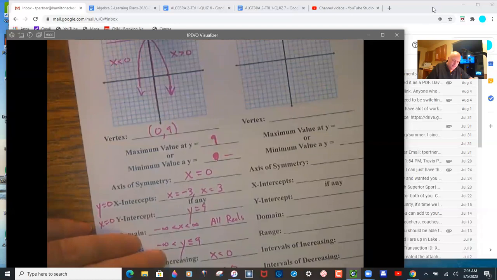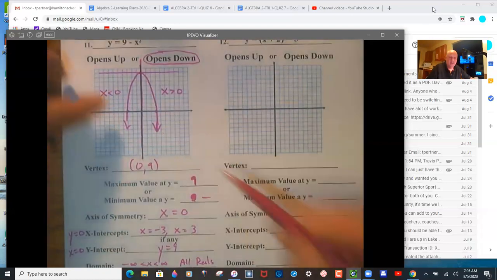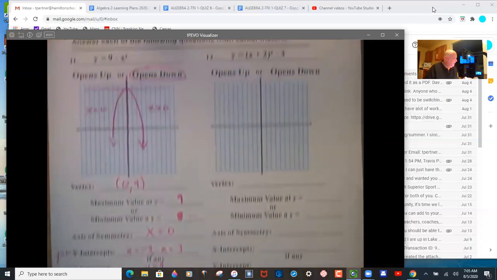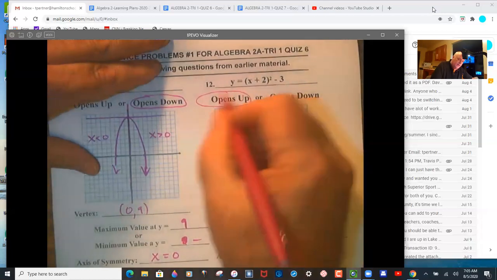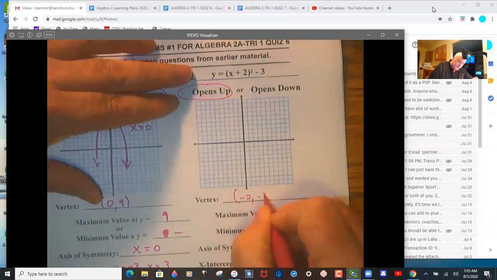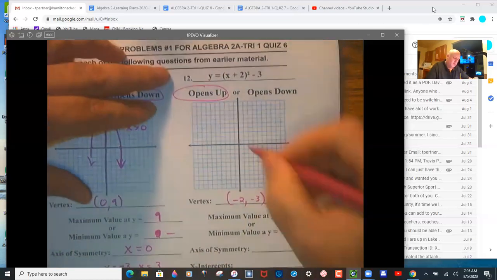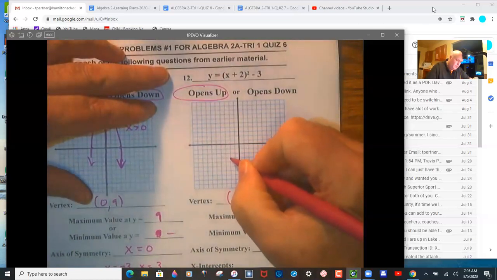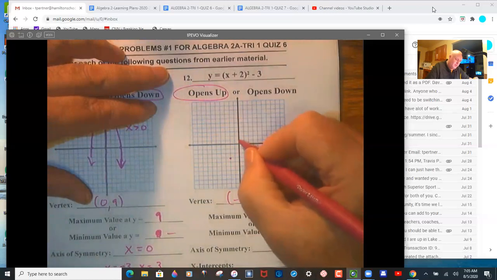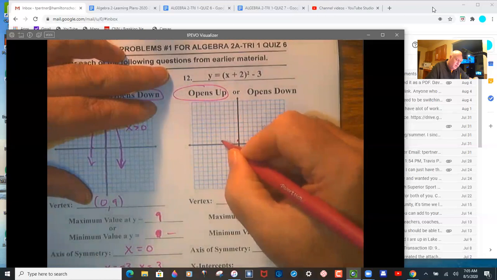And then my 2 ends of the graph are going down forever. Okay, so second graph, I'm going to go quick, so follow along. I see -2, -3 as the vertex, and this is opening up. We have x-intercepts that are not nice, but 0, 1 right here.